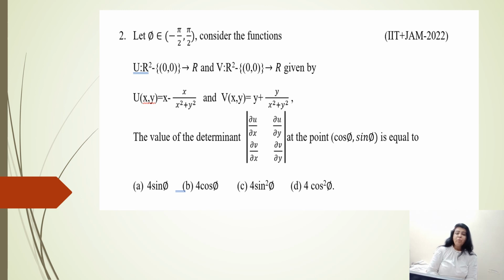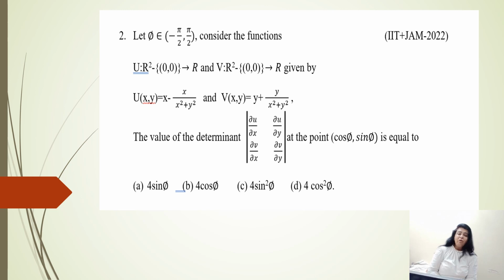Next you have, let phi belong to minus pi by 2 to pi by 2. Consider the functions u from R square minus the ordered pair (0, 0) to R, and v from R square minus (0, 0) to R, given by u(x, y) = x minus x by x square plus y square, and v = y plus y by x square plus y square.